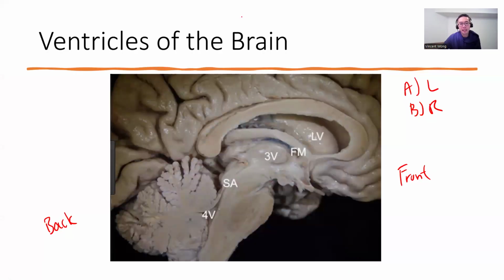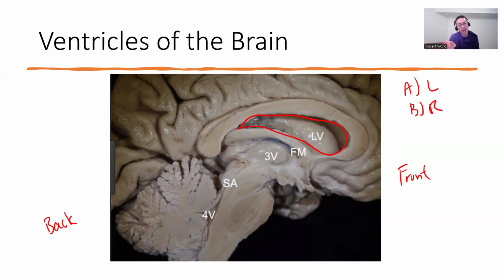Okay, now over here you see the gap, right? You see the gap right there? That is the lateral ventricle. But that's not the whole lateral ventricle. Right? This is just the opening that leads into the lateral ventricle.